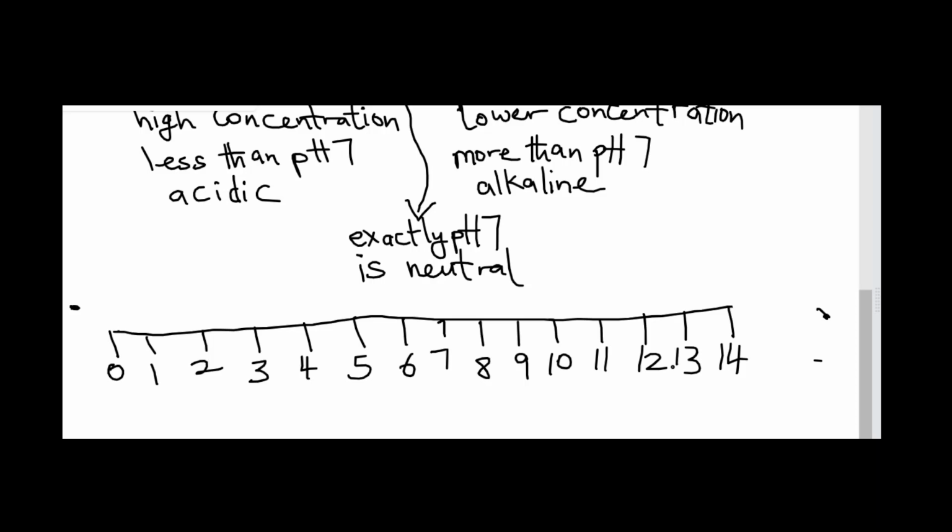So, for example, an acid of pH 2 is 10 times more acidic than an acid of pH 3. Or if I'm going for an acid of pH 4, okay, so an acid of pH 3, that will be times 10.